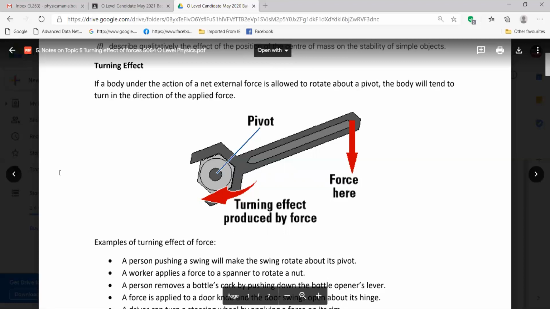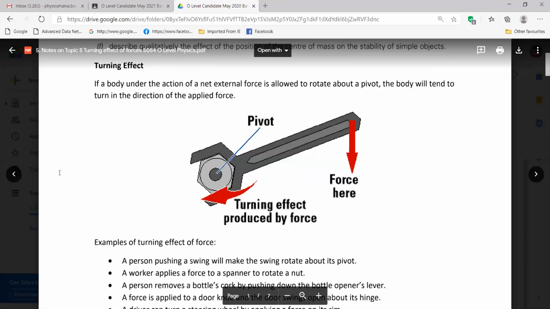If we push the handle of the spanner down, then the screw will undo, right? Yes. We will have the turning effect.